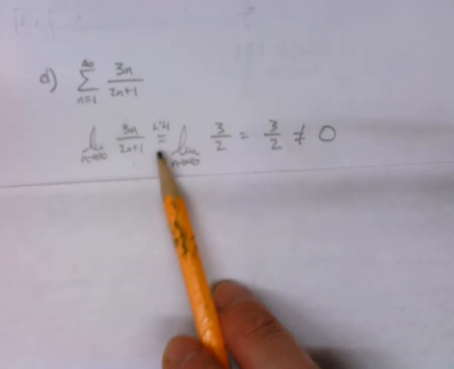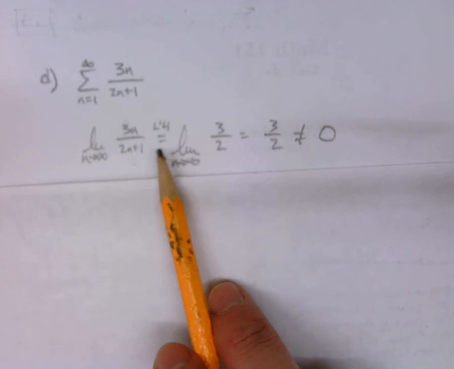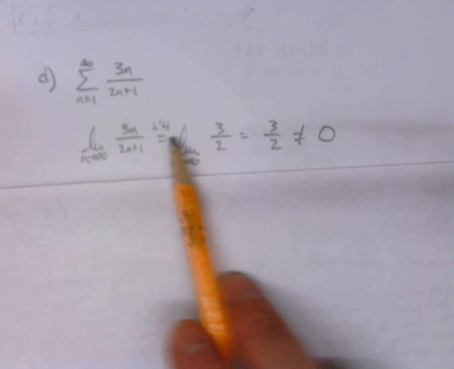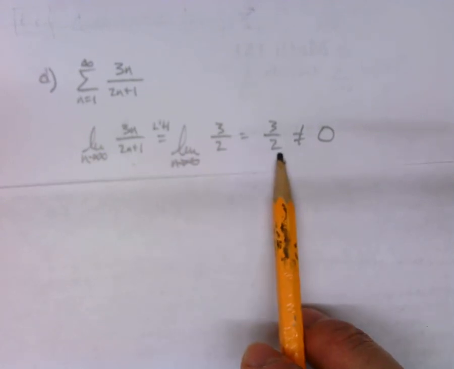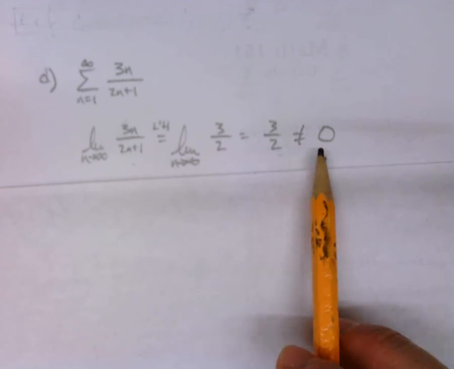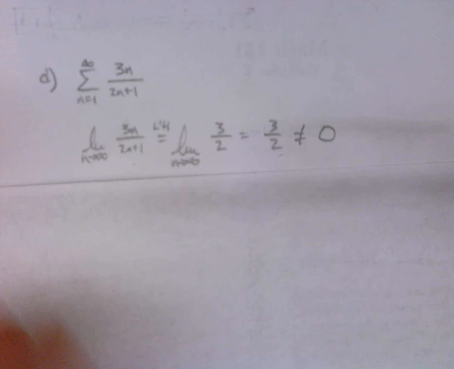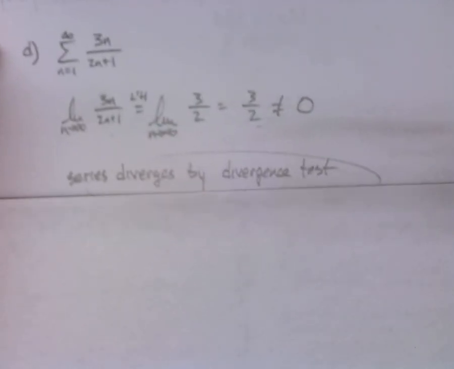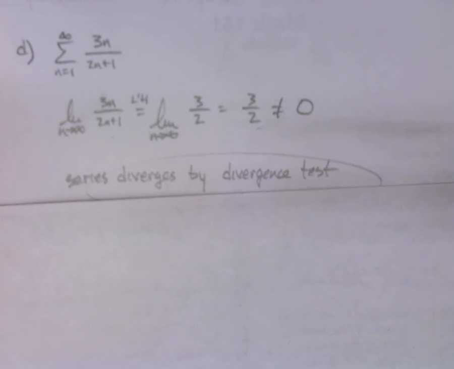At this point, I remember that we actually did L'Hopital back in this class. You might not have to think all the way back to Calc 1. We did it with improper integrals. Anyway, infinity over infinity, let's apply L'Hopital: 3 over 2. Well, the limit is going to be 3 over 2. Well, 3 over 2 is not equal to 0. We showed the limit is something not 0. So we are done. Our original series there diverges by the divergence test.